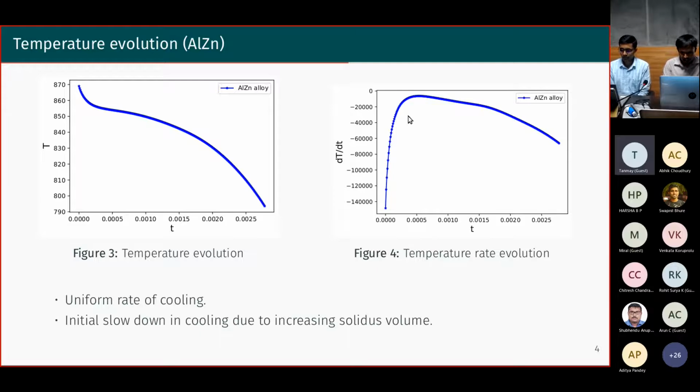Beside that, on the right side, we have the rate of temperature evolution, where we can see that there is a plateau after the initial drop of temperature, which happens because the solid volume fraction increases, which contributes to the latent heat. We will see those in detail.